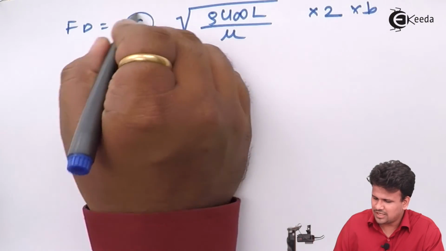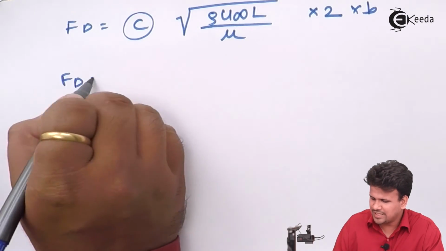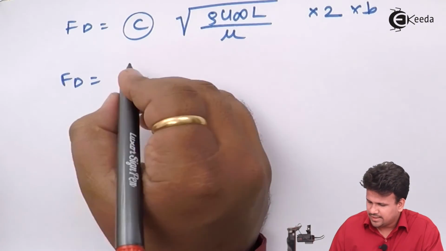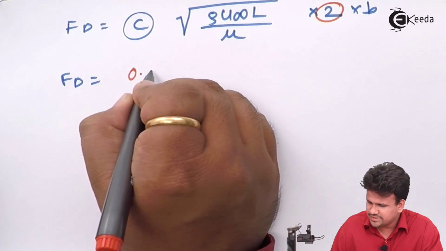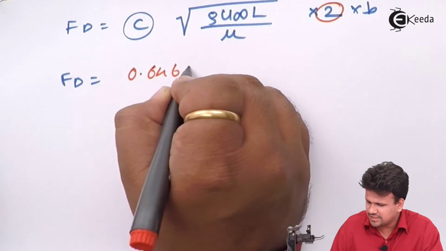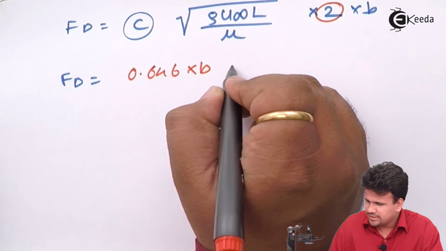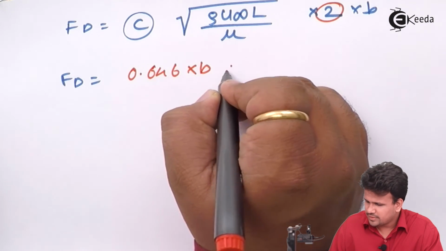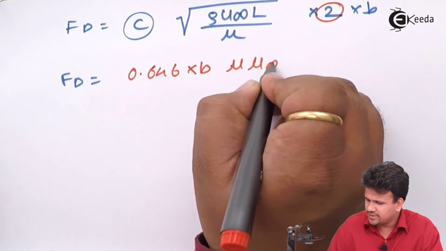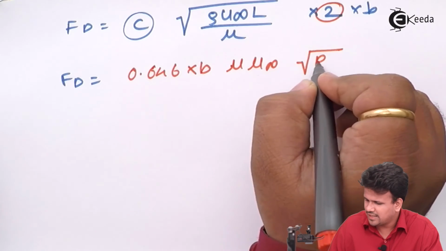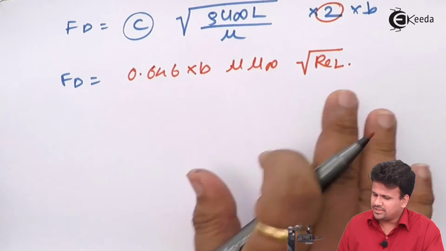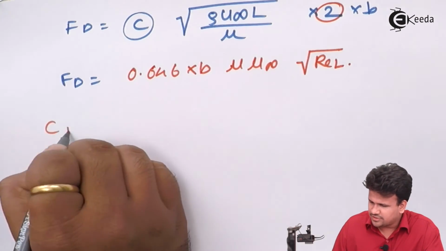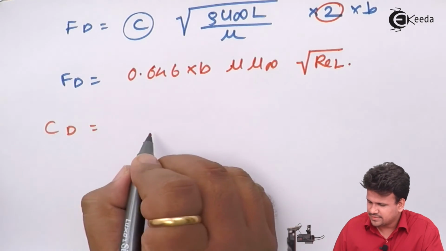We'll substitute the value of C, so force due to drag will be equal to, including the 2, 0.646 into b into mu into u infinity into square root of Re_L. So this value we have got, that is the drag force.